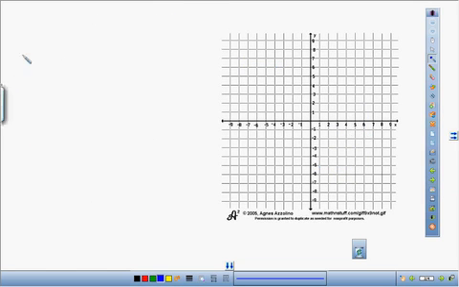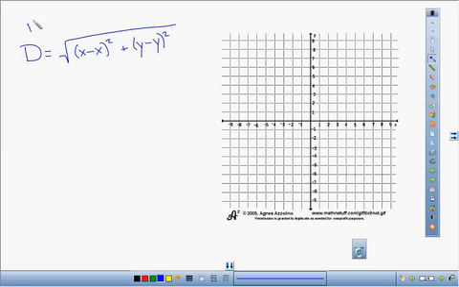So the distance formula itself is D is equal to the square root of x minus x squared plus y minus y squared, all under a big square root. This is the actual distance formula. And you're like, wow, that looks really intimidating and really daunting.